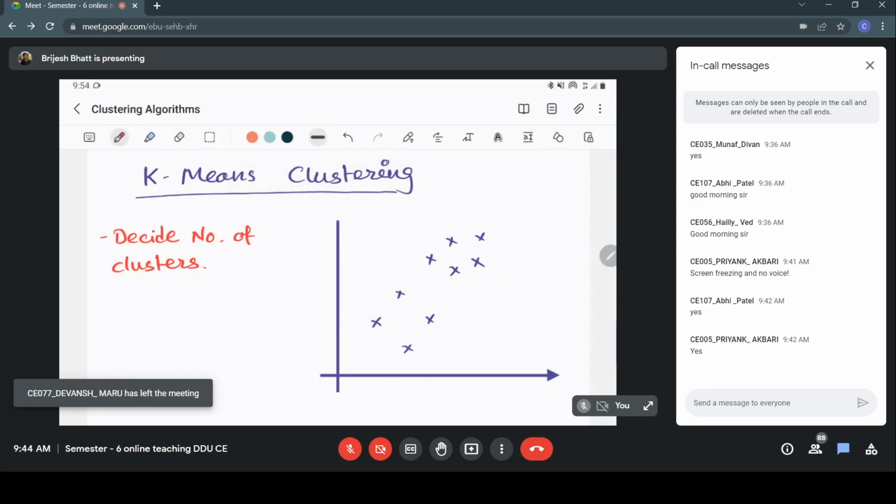But k-means clustering algorithm requires that we know the number of clusters in advance, and then we randomly select clusters from the data points.